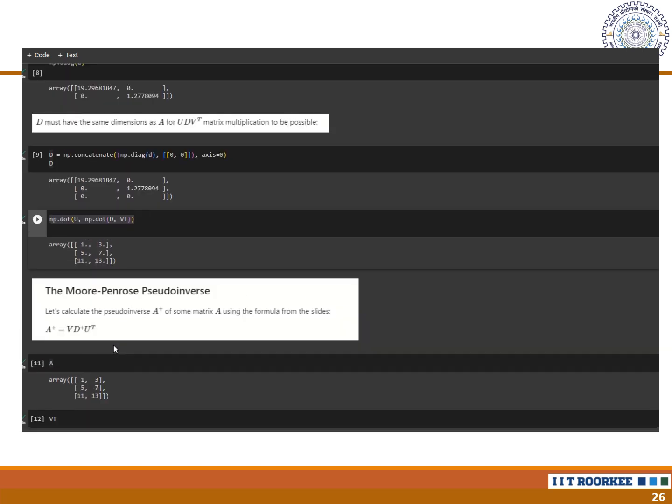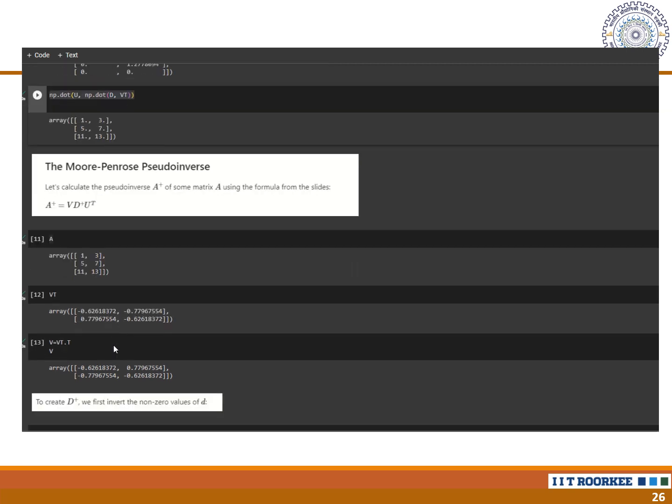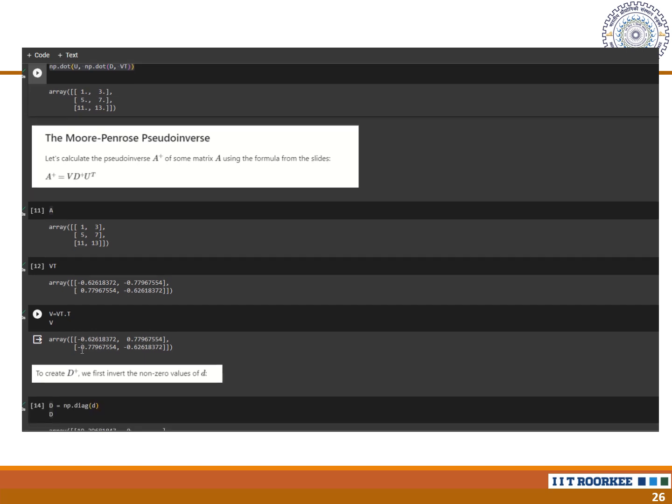So the function gives us the right components. Next, we're gonna find the Moore-Penrose pseudo inverse. So here is our A, here is our V transpose, but according to the formula in the slides, we need V. To get V, we will use the VT.T function, and we will transpose V transpose, and we will get V, right?